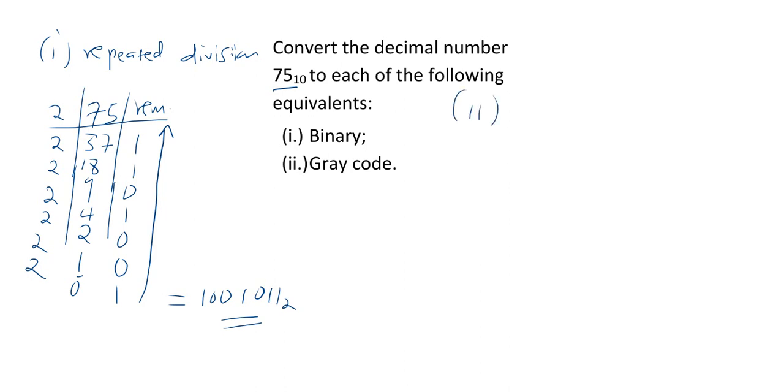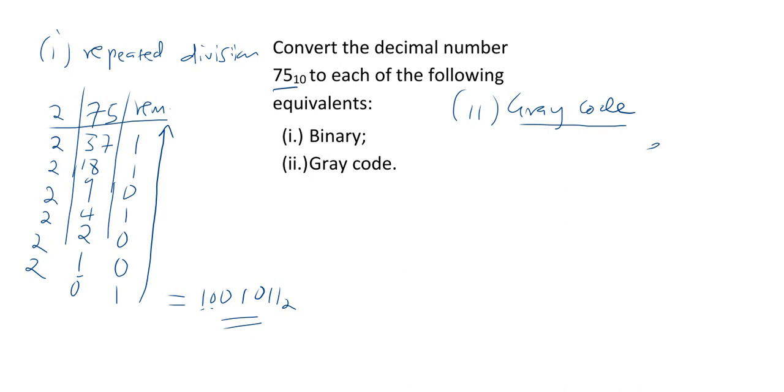Let's change it to gray code. When you are changing to gray code, you take the binary equivalent and XOR each binary digit with its next binary digit to get the equivalent gray code. This is the general equation that we use.